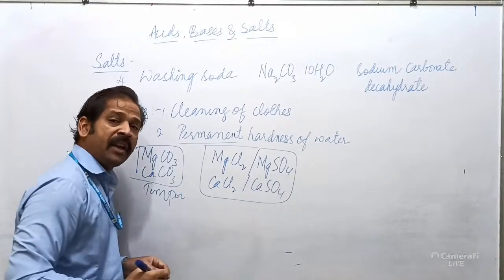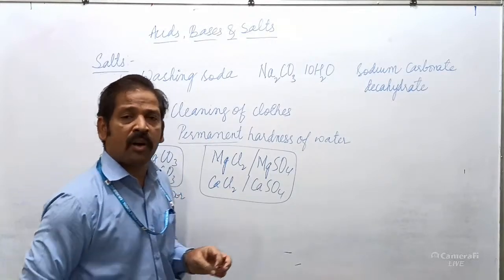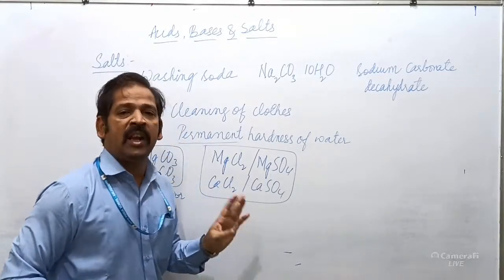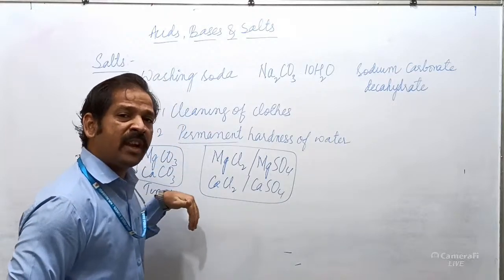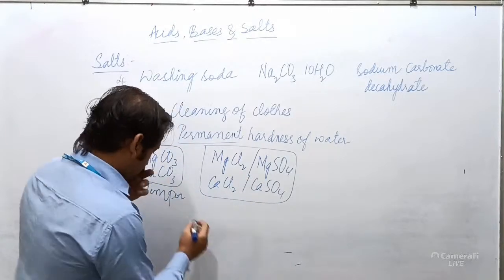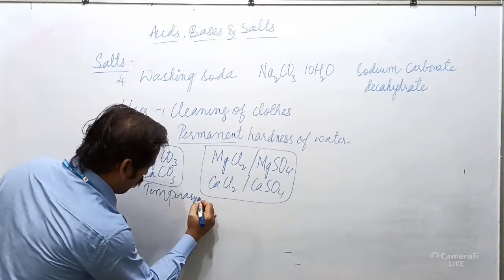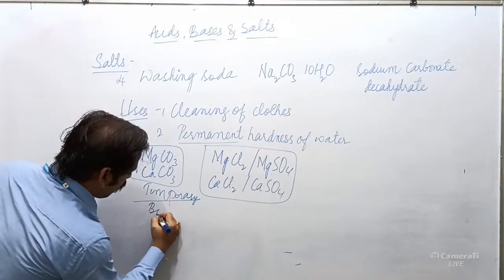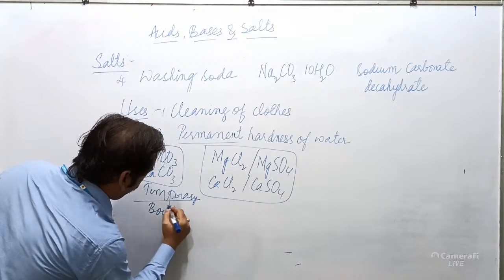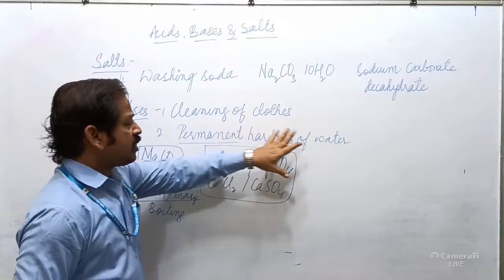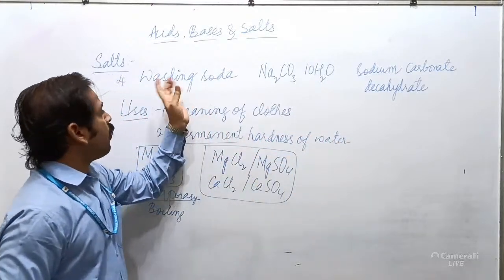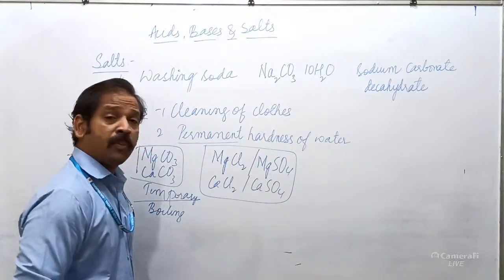Temporary hardness can be removed with the help of boiling only. Permanent hardness of water can be removed with the help of washing soda, or one more process is there.